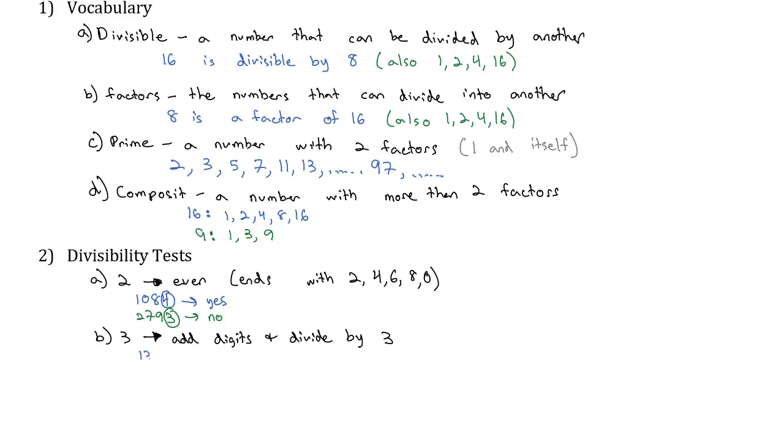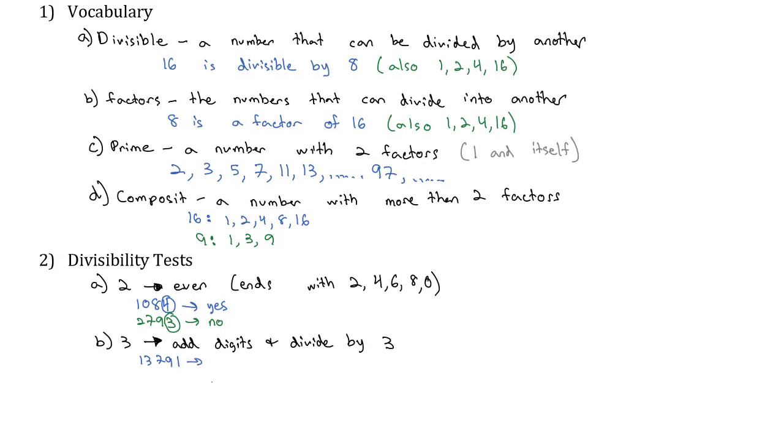So if I've got the number 13,791, and I want to know if I can divide it by 3, what we can do is we can add up the digits 1 plus 3 plus 7 plus 9 plus 1, and that equals 21. And I can do 21 divided by 3 to get 7. Because I can divide that by 3 after adding the digits, we can say, yes, the whole number is divisible by 3.